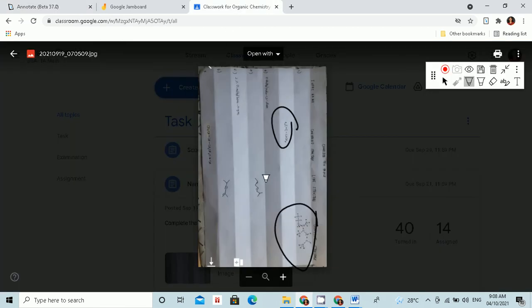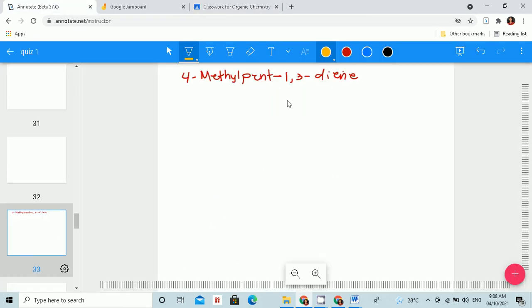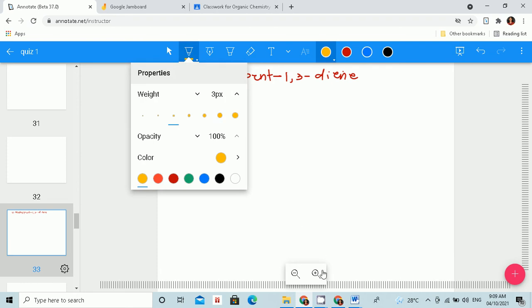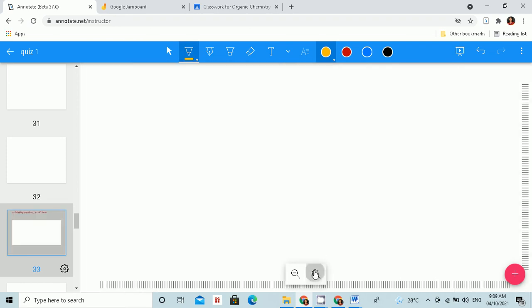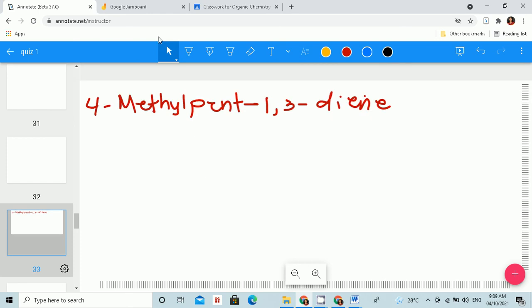For number three, we are given with the IUPAC name, that is 4-methyl pent-1,3-diene. Okay, it's a pent, so it's 5. Now let's count. Pent. So we have 1, 2, 3, 4, 5.